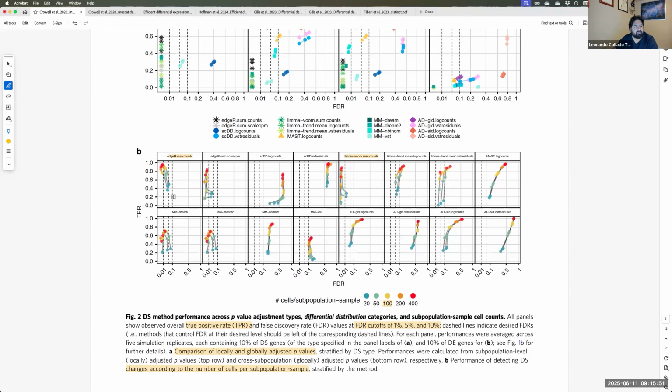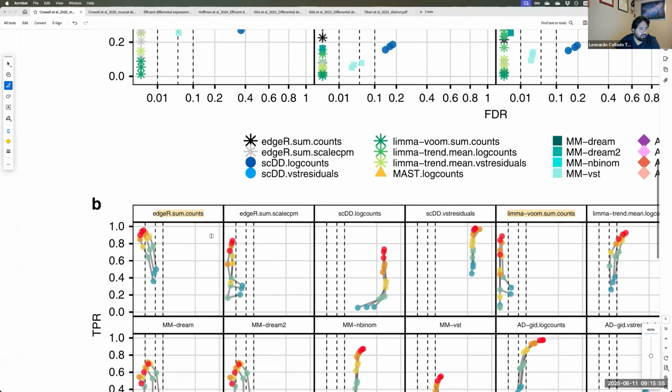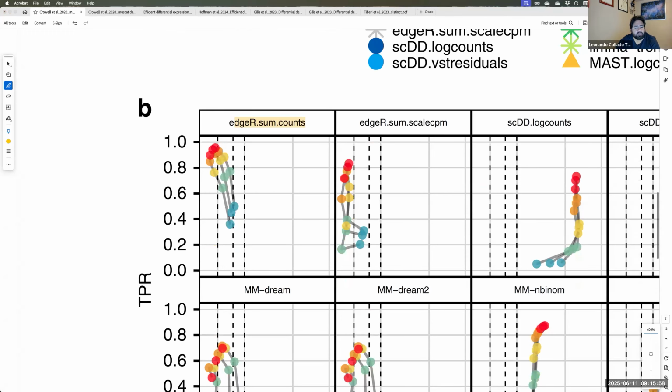And so let's zoom in, for example, at EdgeR over here. These 3 blue points are what happens when you have just 20 cells per cluster. Then the green ones are when you have 50. The yellow ones are when you have 100. And you can see there's a big increase from 20 to 50, a moderate increase from 50 to 100, and then almost no increase after that.